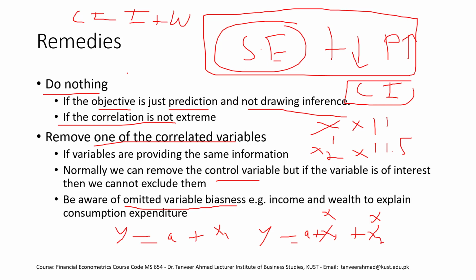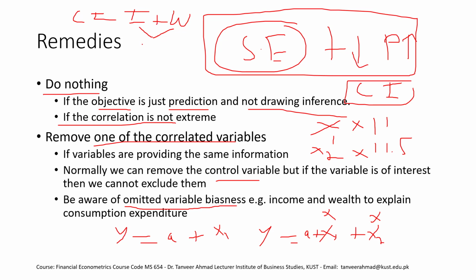But these two variables have a problem: they are probably collinear, because someone having higher wealth would probably have a higher income, or someone having a higher income would probably have accumulated higher wealth. So there is a correlation between them, and that is understandable.